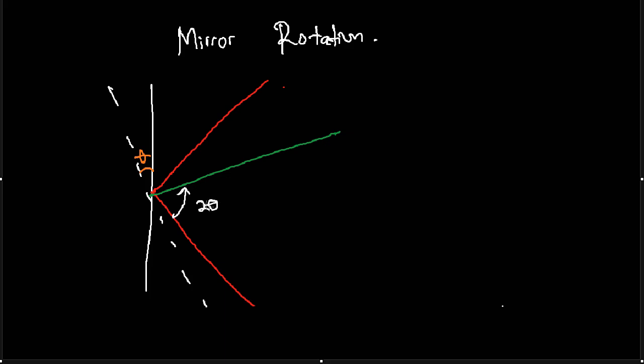Now don't worry about the proof for this, just remember that if you rotate the mirror through an angle theta, then the reflected ray is going to rotate through twice that angle. You're going to use it to solve some questions as well.